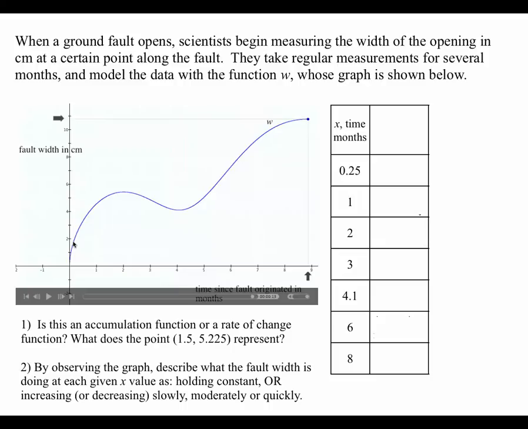Would you say it's holding constant, increasing, decreasing, and how? Increasing. Okay, increasing. Slowly, moderately, or quickly? It's increasing quickly. So I want you to do the same thing for these other x values, 1, 2, 3, 4.1, 6, and 8. Just in general, based on the accumulation graph, what could you say about what the fault width is doing at that moment in time? Go.